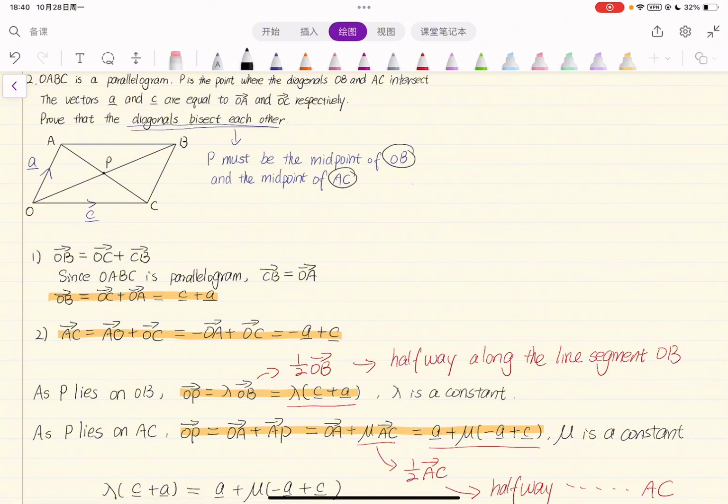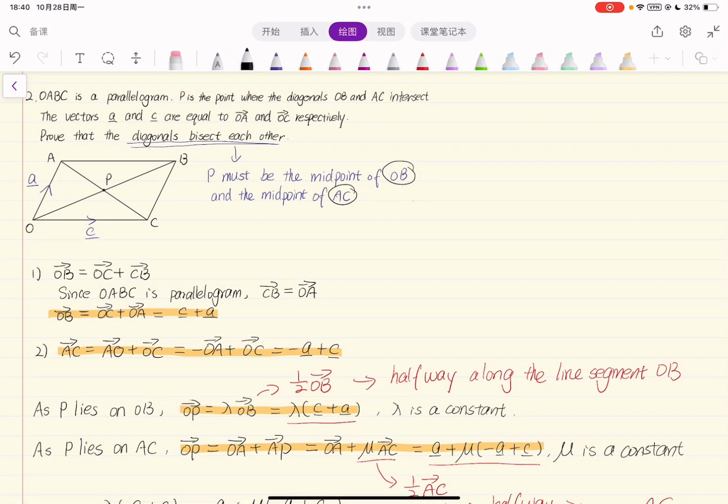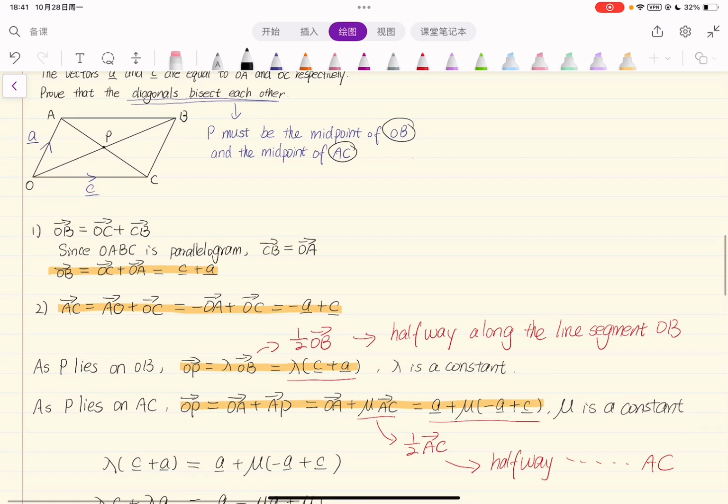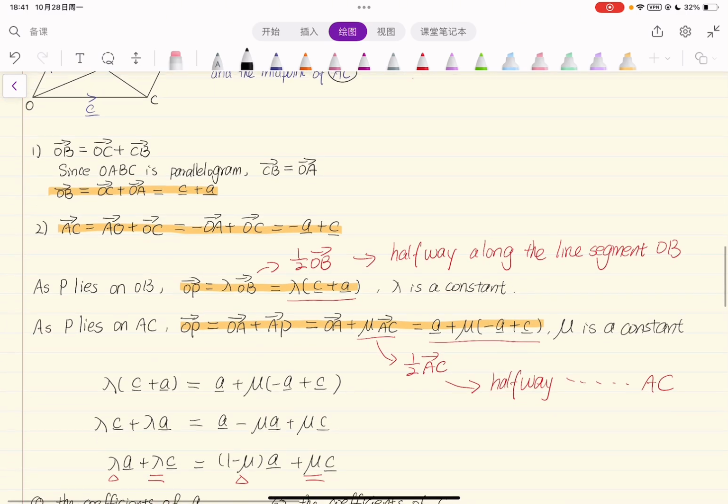So you can see that from the beginning, we need to prove diagonals bisect each other, which means you need to prove that P is the midpoint of OB and AC. Then we find the two key line segments that are OB and AC. So we find the vector OB and the vector AC. Further, we can express the position vector P by considering the vector OB and the vector AC.